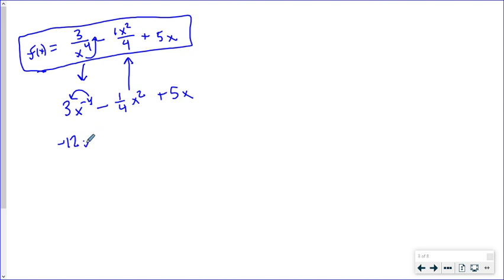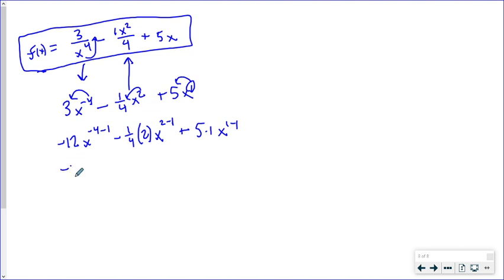And then you are subtracting 1, so negative 4 minus 1. And then minus 1/4. The x was squared right here, so I bring that 2 here. So times 2x, and then 2 minus 1. And then plus, add a 1 here, bring that over here. So it's 5 times 1, x, 1 minus 1.